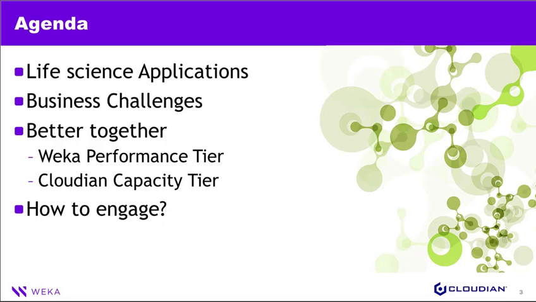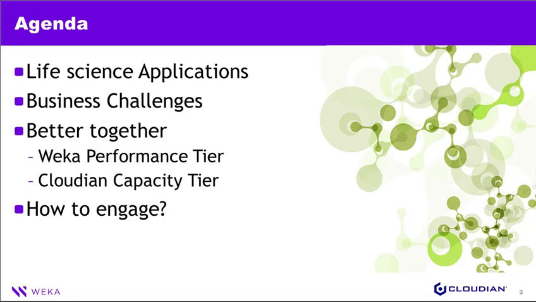So we'll give you a little background around life sciences applications, what we encounter. We'll talk about business challenges, particularly associated with the data deluge. We'll talk about the solution that we are proposing, working with our esteemed partner, Cloudian.